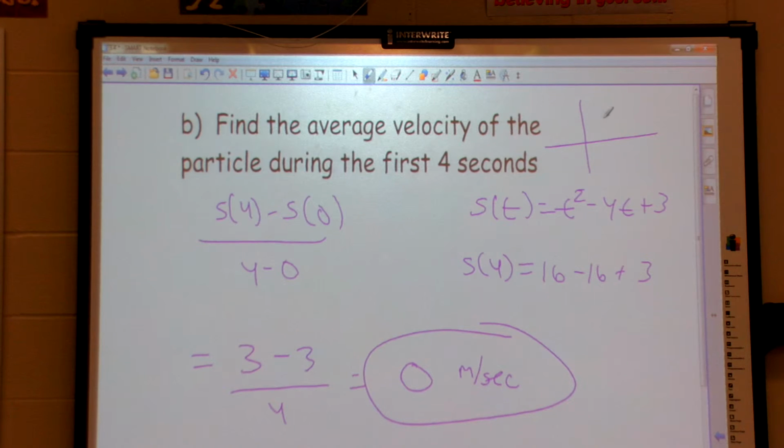Well, that means no matter what I'm doing, if I look at 0, I look at 4, I could be moving all the way in between. But on average, between those 2 points, I didn't really move. So that's saying in between 0 and 4, I'm looking at the start and the stop, looking at the difference between the 2. I don't know what's going on in between.